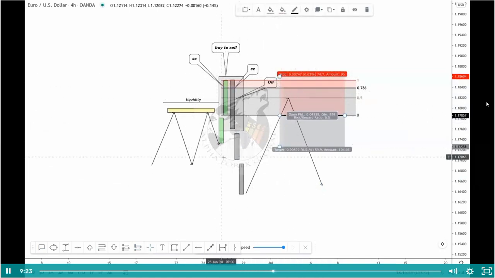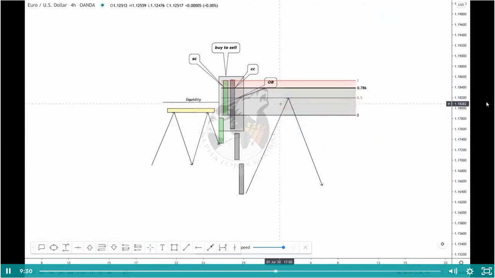So we just use these higher time frame order blocks as points of interest, and once price reaches within that point of interest, we then go down on the lower time frame to look for a market structure break, or the market taking out liquidity again on the smaller time frame, creating order blocks, and then we take entries based off those order blocks on the smaller time frame, because our stop losses will be smaller.